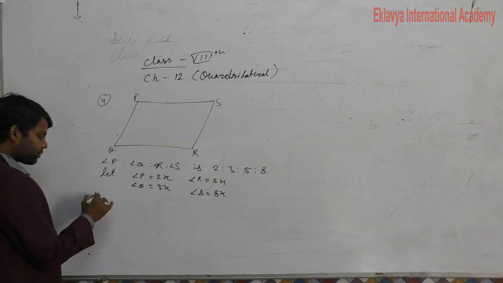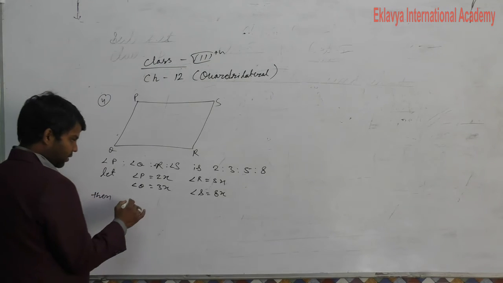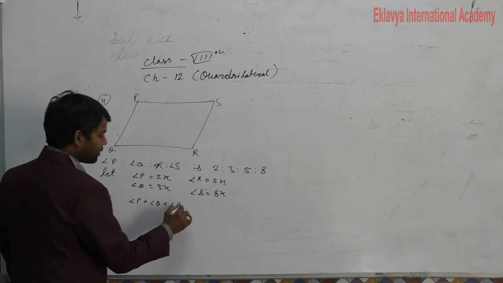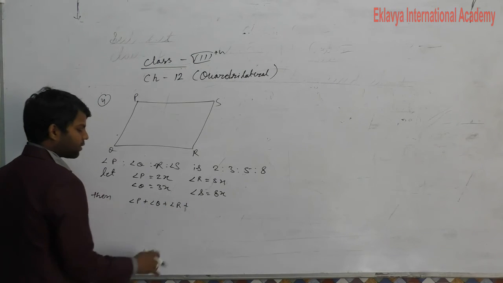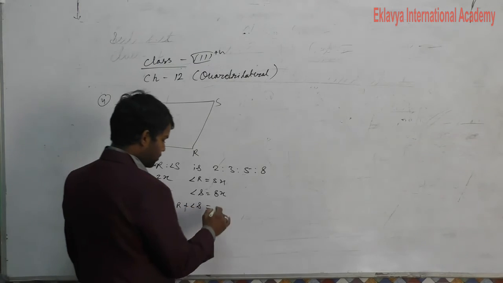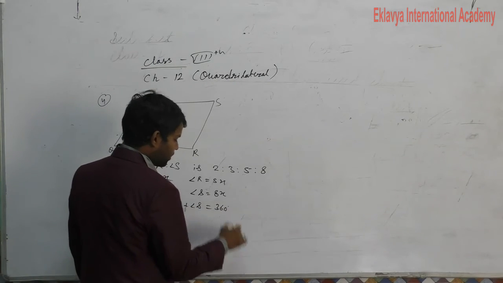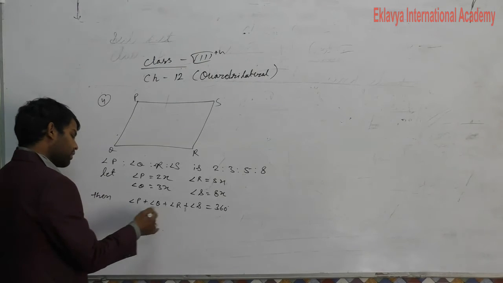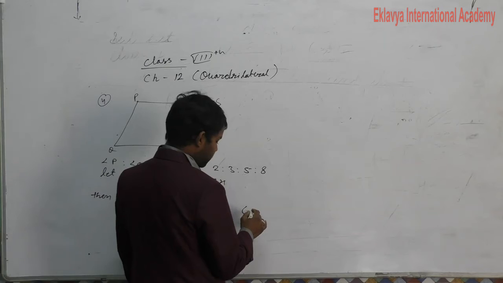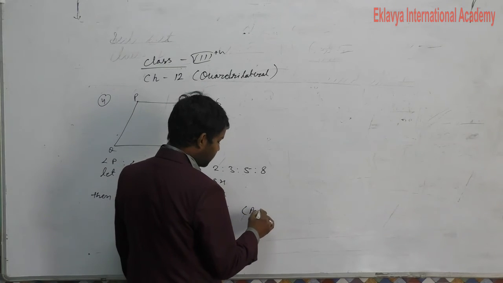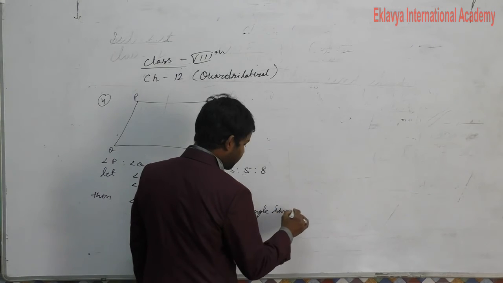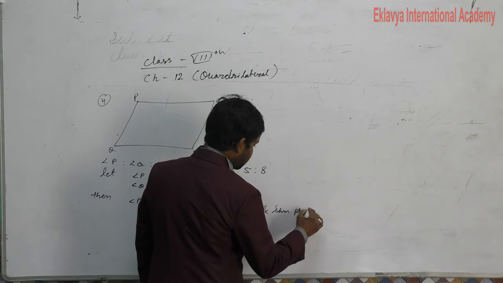Then angle P plus angle Q plus angle R plus angle S is equal to 360 degrees. Sum of all angles is 360 degrees. We write here angle sum property.